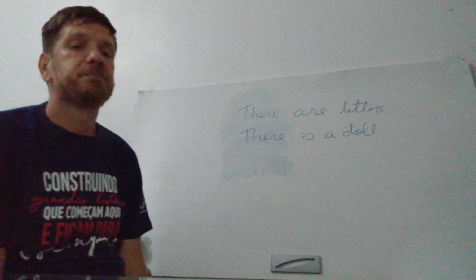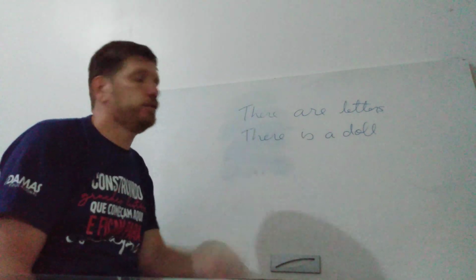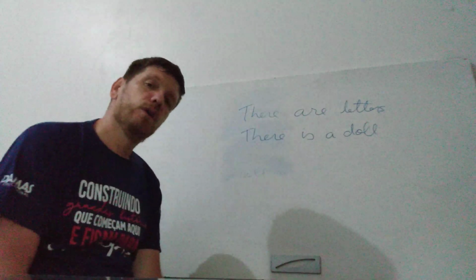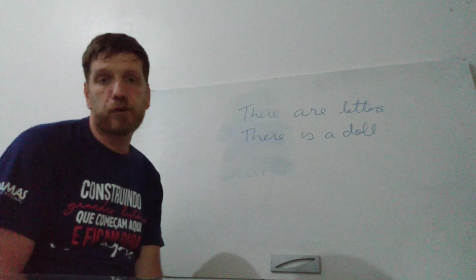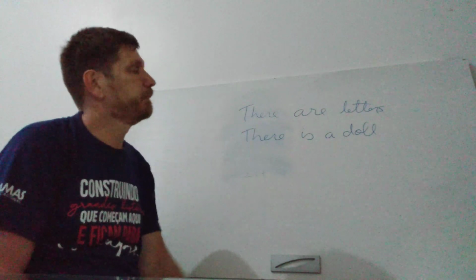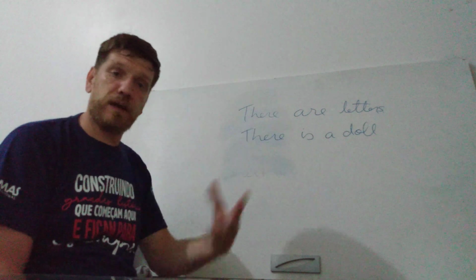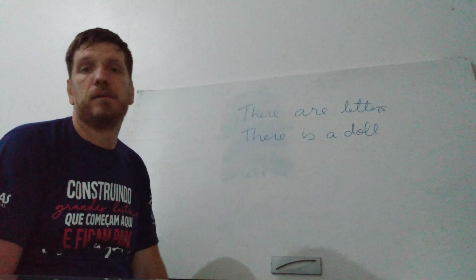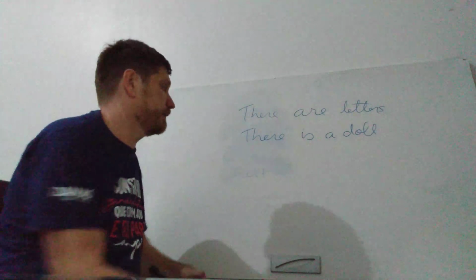So now, what I want you to do is go on to the site that I showed you, learnenglishkids.britishcouncil.org, and find some exercises and practice at home. There are and there is. Okay, and also prepositions of place.